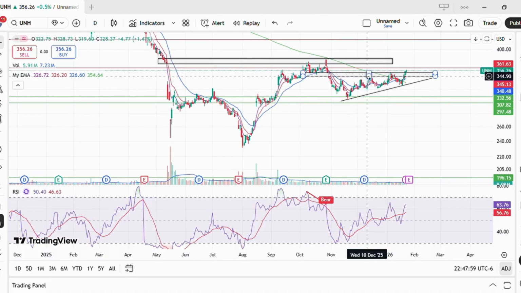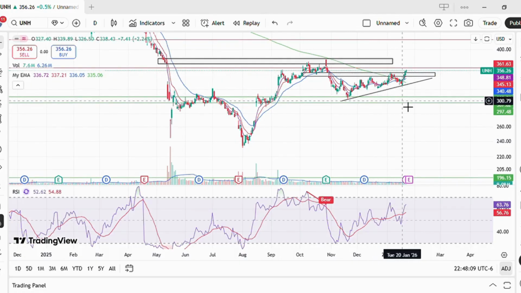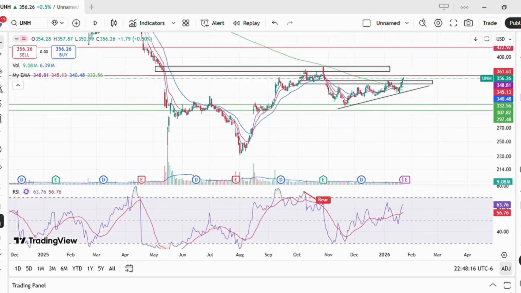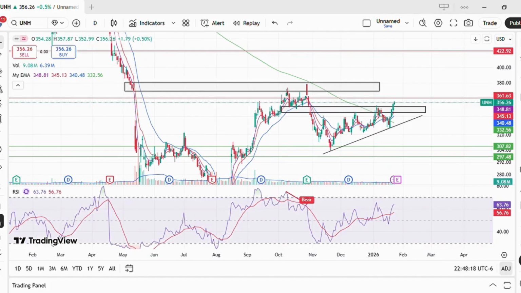Then it tested this fair value gap again. This fair value gap failed to create a lower low. Currently we saw an impulsive move with 4 back-to-back green candles breaking above this fair value gap and resistance.